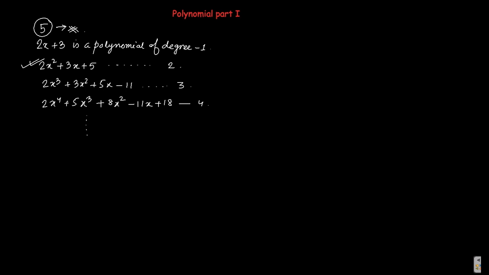A polynomial having degree 1 is called a linear polynomial, and degree 0 is called a constant polynomial. Degree 2 is called a quadratic polynomial.